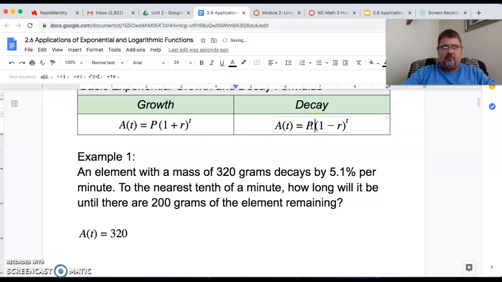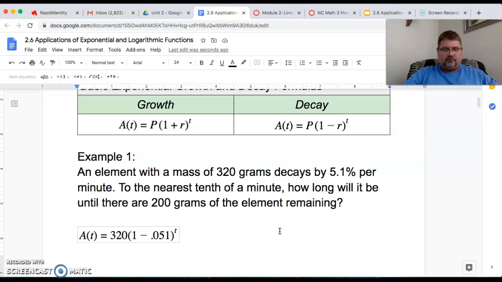Initial amount, right? Times 320 times 1 minus your rate, which is 5.1, but we're going to have to go 0.051. Always move that decimal. And it's raised to the t power. So we're going to be solving this for t.